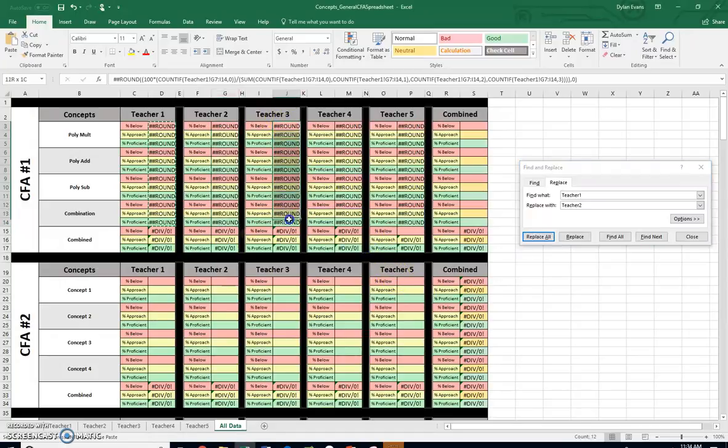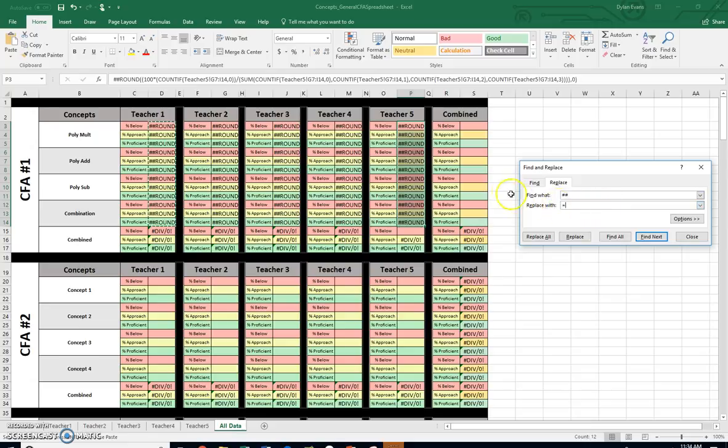And I do that for each of these teachers. For teacher 3, I don't want it to say teacher 1, I want it to say teacher 3. And that's the concept. So I'll change it for all of these teachers here. Teacher 4, replace all. Teacher 5, replace all. And now each of these functions should work properly.